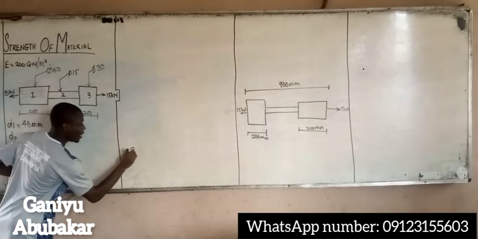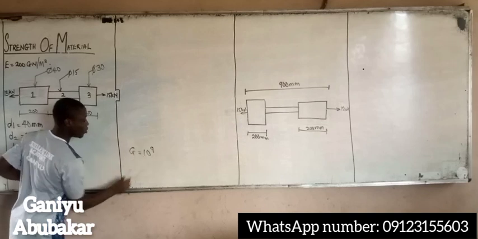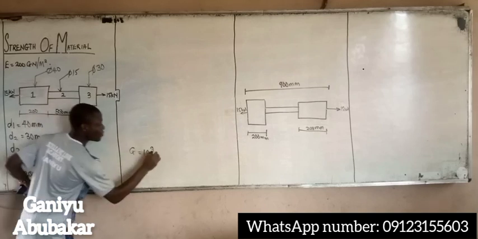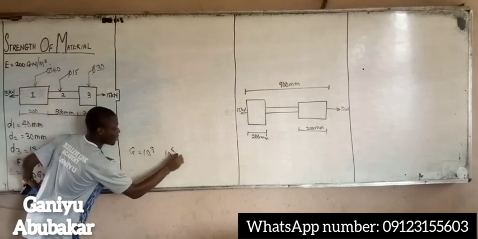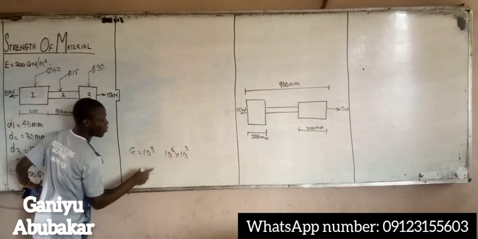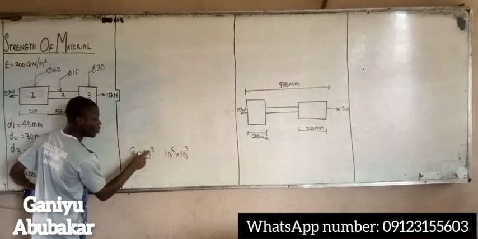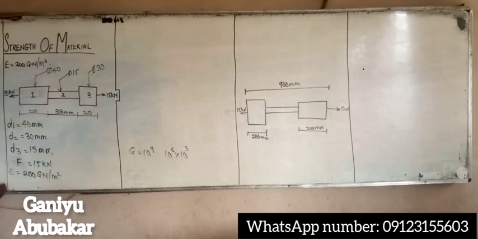So hence I will express this as 10 to the power 6 times 10 to the power 3. Obviously, if I add this together, I will have 9. So E is equal to 200 times 10 to the power 6 times 10 to the power 3 Newton per meter square.